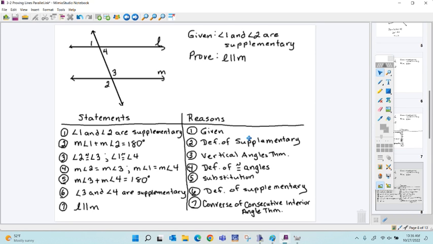This one actually won't necessarily be fast, but let's just see. That the measure of angle 1 plus the measure of angle 4 equals. There'll be a couple different ways to consider that.